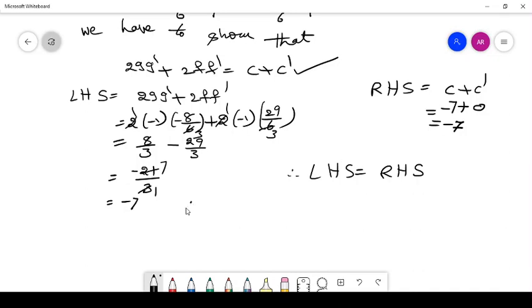So therefore the given two equations of circles intersect orthogonally.